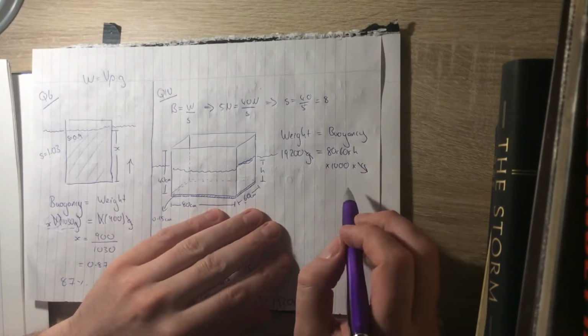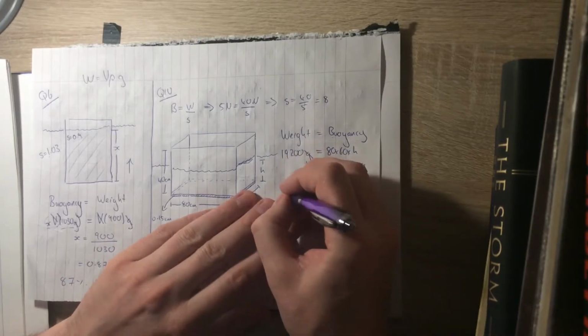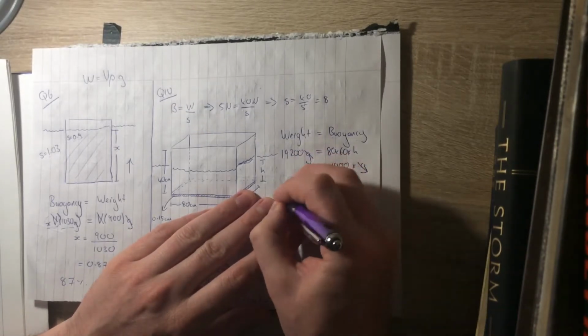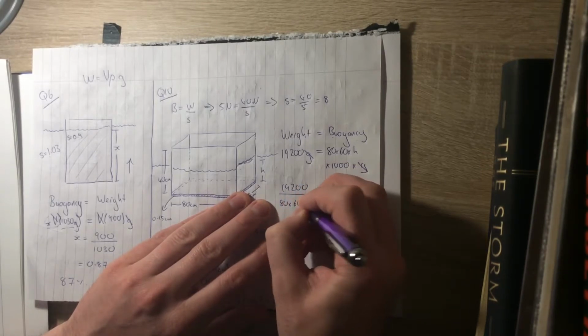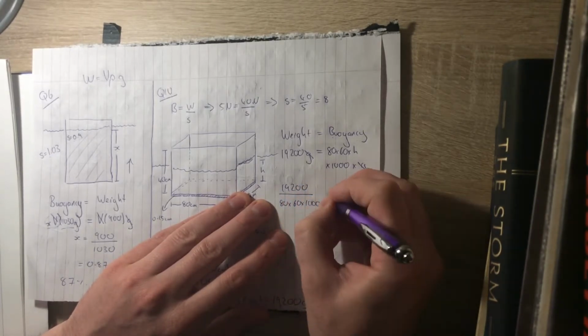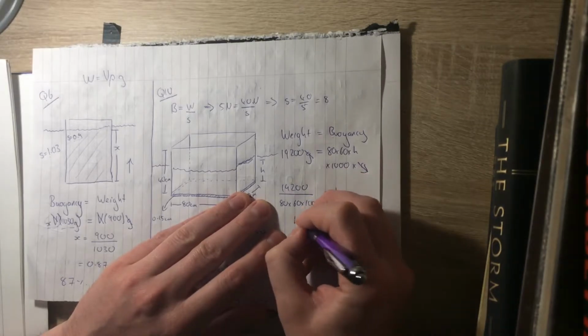We want to get h, so that is going to be 19200 divided by 80 by 60 by 1000 equals h.